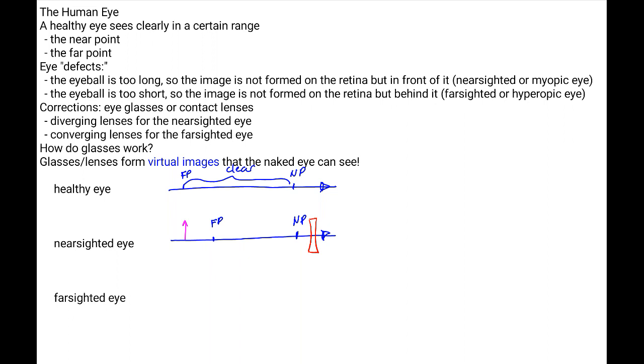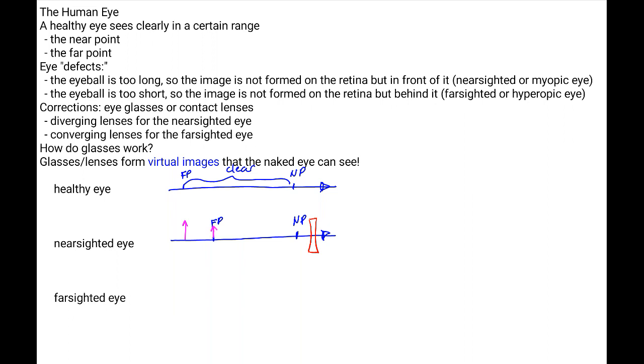The lenses will produce an image of this object, and remember that diverging lenses always produce virtual images, so there is no question what type of image this will form. And remember also that virtual images are in front of the lens, on the same side as the object. So then the image that it forms is going to be somewhere here, where the naked eye can see it.